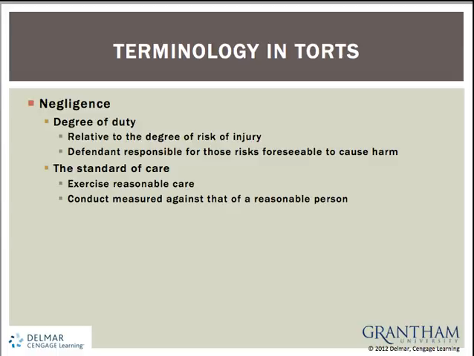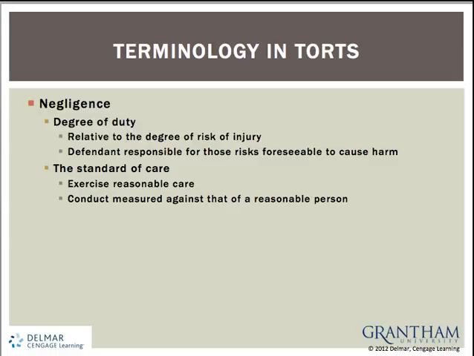Other factors that need to be considered are the underlying reason or necessity of the defendant's conduct, that is, was the defendant acting in a way that had great social value, such as by saving a life, the surrounding physical environment, any activities that were taking place, and the types or limitations of people in the area. It should be noted that this standard can be adjusted up or down.